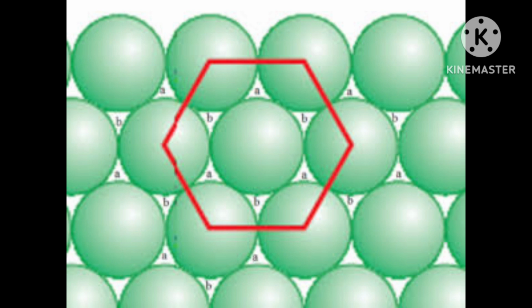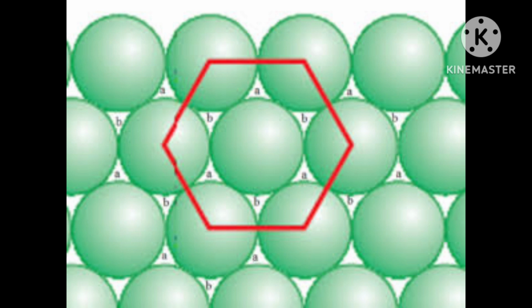The A arrangement is the same, but B differs, because it starts from the void, meaning gap. So AB type. Then the middle or center sphere is surrounded by 6 spheres, hence it is called hexagonal close packing. Now the third is the three-dimensional.